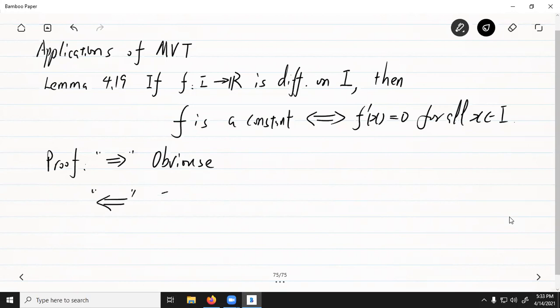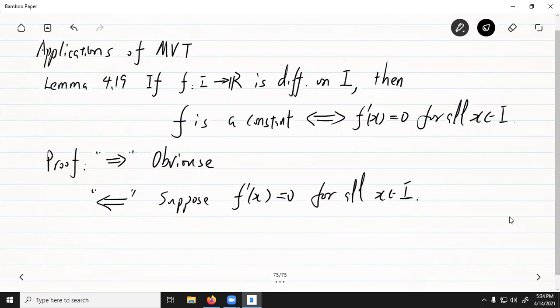The other way. So suppose we have a function where f prime of x equals 0, which is true on the whole interval, for all x in I. Then we want to show that on this interval I, this function must be a constant function.